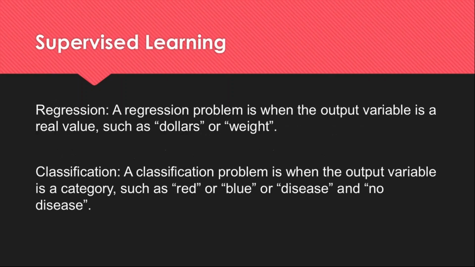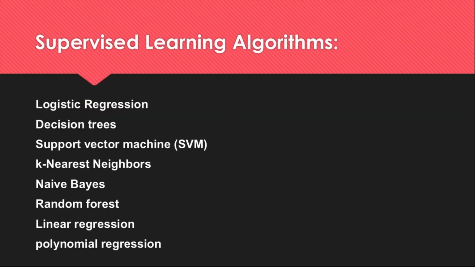Machine learning is all based on algorithms. In supervised learning there are different algorithms, but during the programs we will not directly move on to the algorithm. First we will solve it mathematically, because machine learning is all based on mathematics.